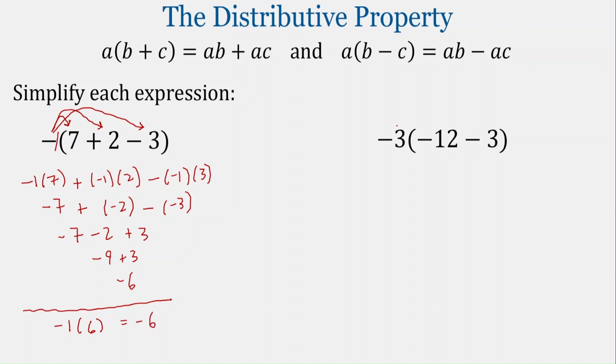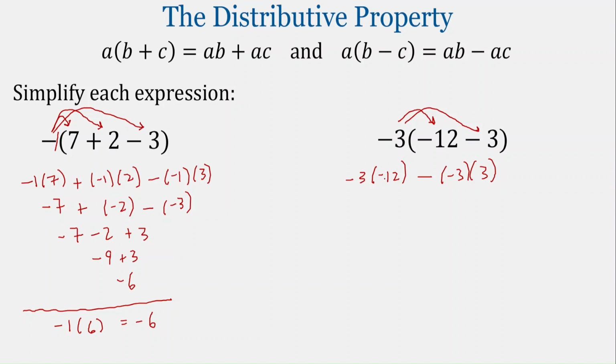Now we're multiplying by negative 3. And we're going to distribute the negative 3 to each of the items inside of the parentheses. So we'll have negative 3 times negative 12 minus negative 3 times 3.